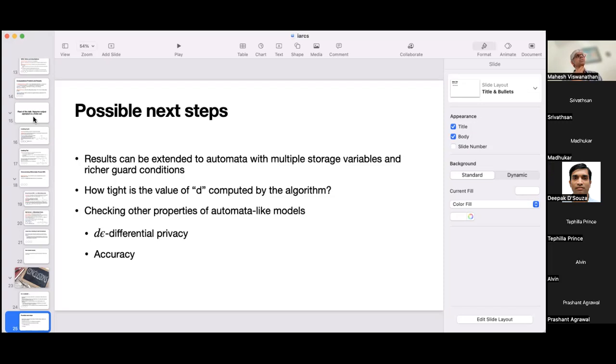So first, we don't have a bound on D. But what I don't immediately see is why the question is trivial. Because if D, so let's say e to the D epsilon is 1, then it is trivially true, right?